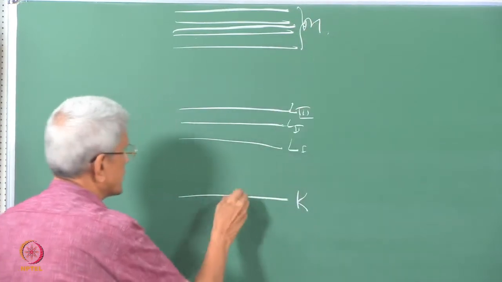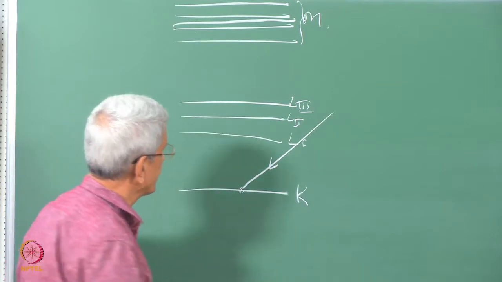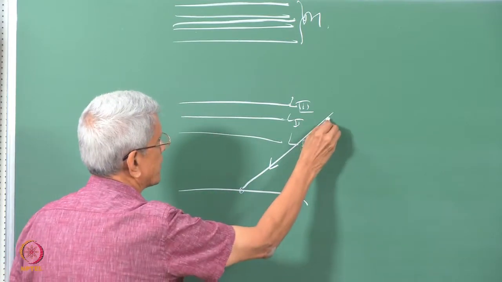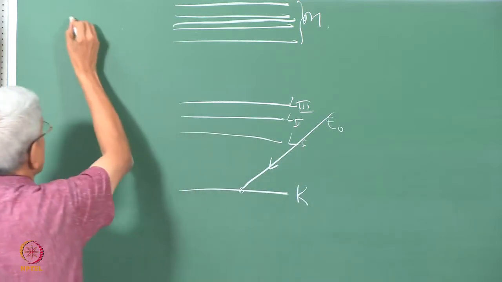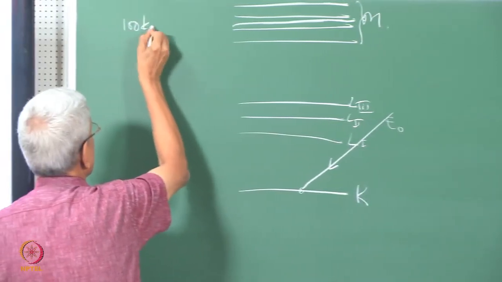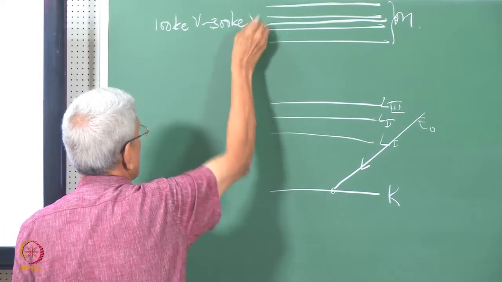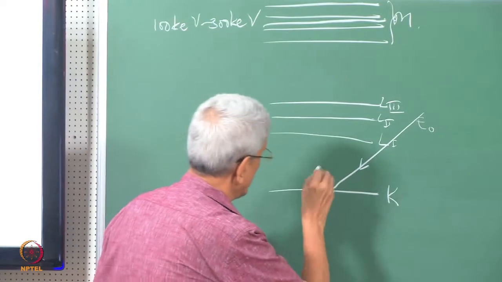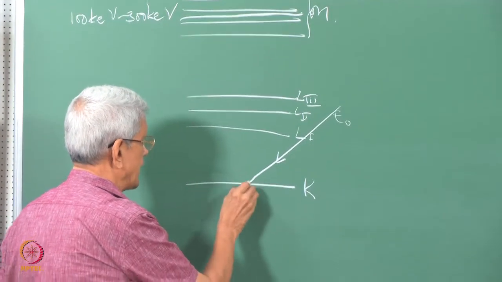Suppose the incident electron hits the sample with an energy E0, and generally in an electron microscope the energy of the incident electron beam is of the order of 100 keV to 300 keV. We assume that it knocks out an electron from the K level.